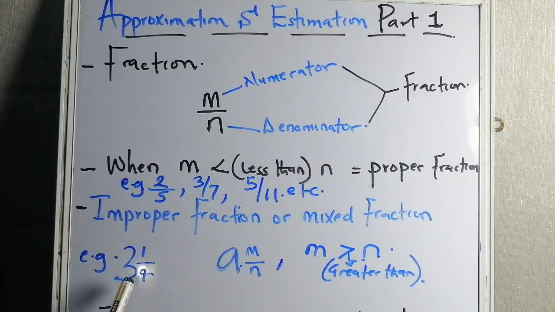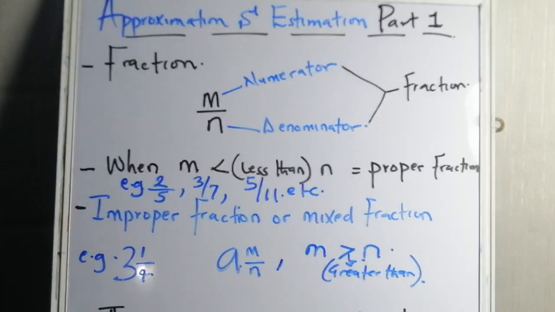Now, in this example, when you have 3 whole number 1 over 4, what is it saying? By the time you convert it to an improper fraction, at the end of the day, you see that your numerator is greater than the what? The denominator, which is 4 times 3, 12. 12 plus 1, 13 over 4.